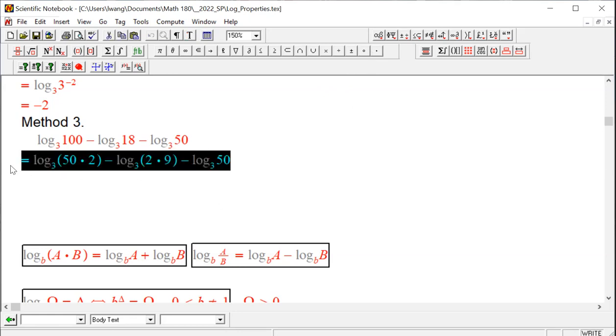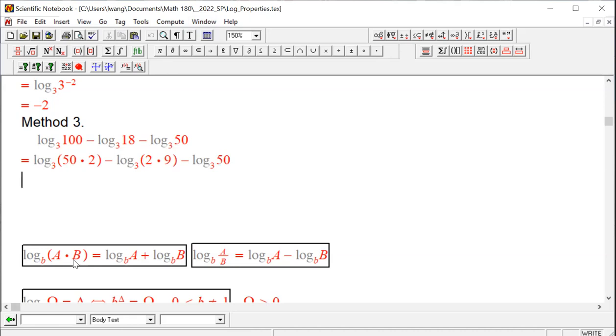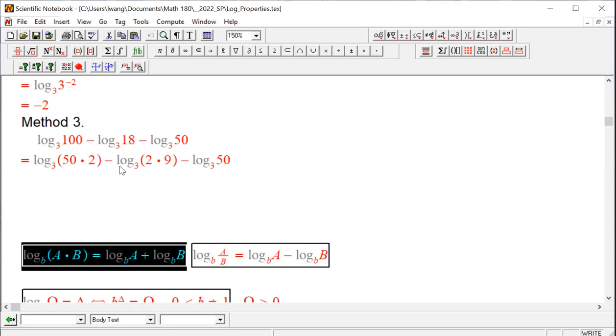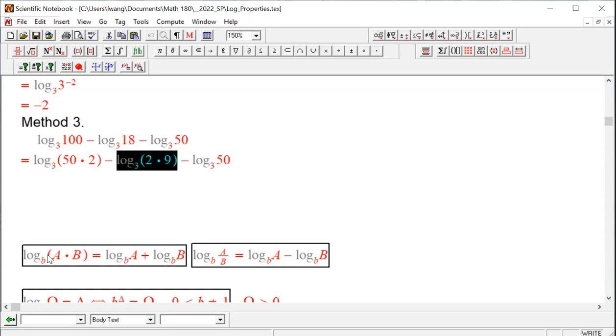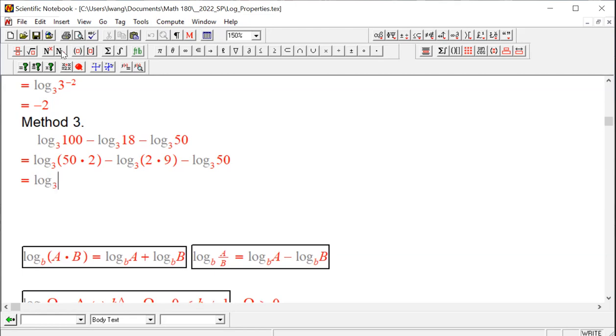So next, we're going to apply the product rule, just like here, from left to right. And then what do we have? We're going to have log base 3 of 50 plus log base 3 of 2.